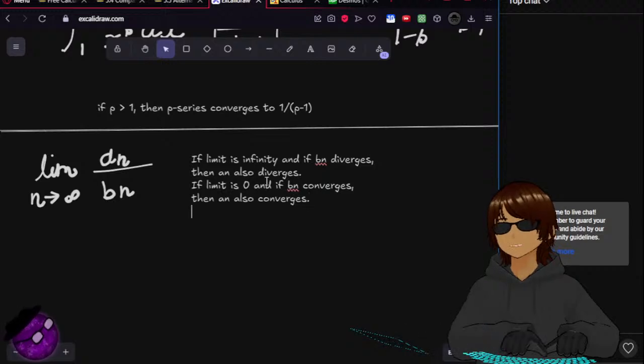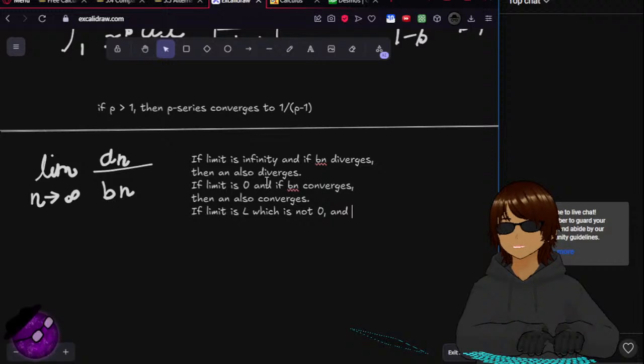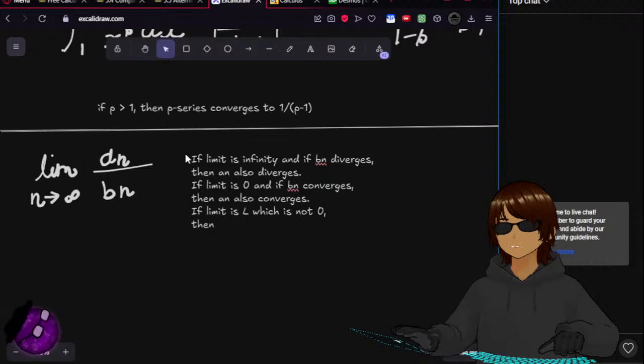If limit is L, which is not 0, and if the limit goes to a particular value, then you cannot have the case where one converges and the other diverges.